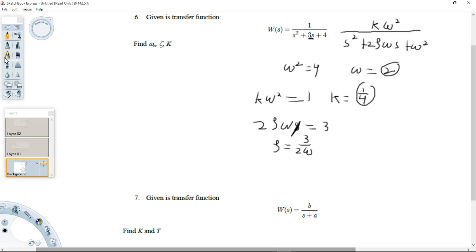So it'd just be 2 zeta omega is equal to 3. The reason why you don't include s is because that's part of the form here. You need the s. So the 3 would just be the 2 zeta omega. So you have 2 zeta omega is equal to 3. So zeta would be 3 over 2 omega, which is equal to 3 over 4.